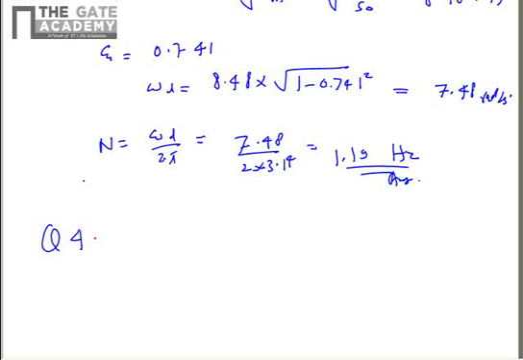Now we'll take one more example from GATE. This question was asked in GATE 2006. So here the problem given is that a machine is there and the machine is having 250 kg mass.